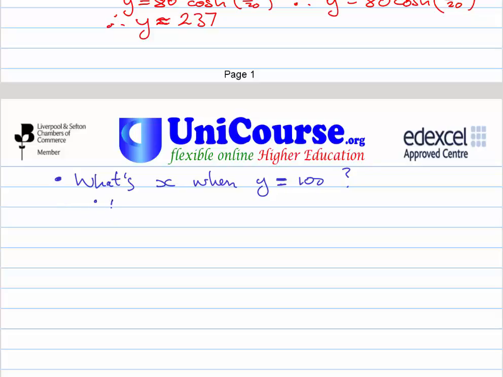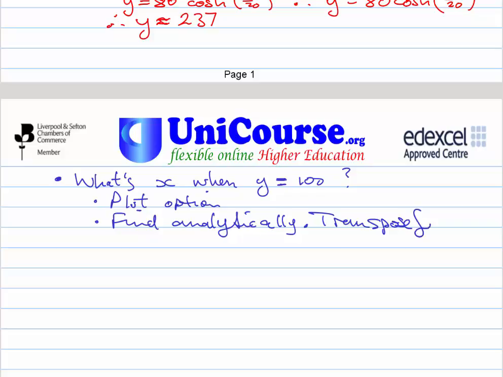If we're not doing plot, which you could do, you've got the plot option, and you could read it off from the graph, or you could find it analytically. Okay, and to do that we need to transpose first, which I'm about to do.